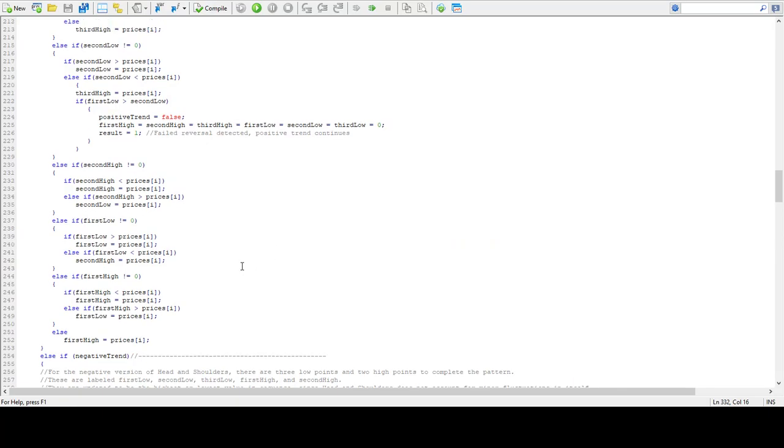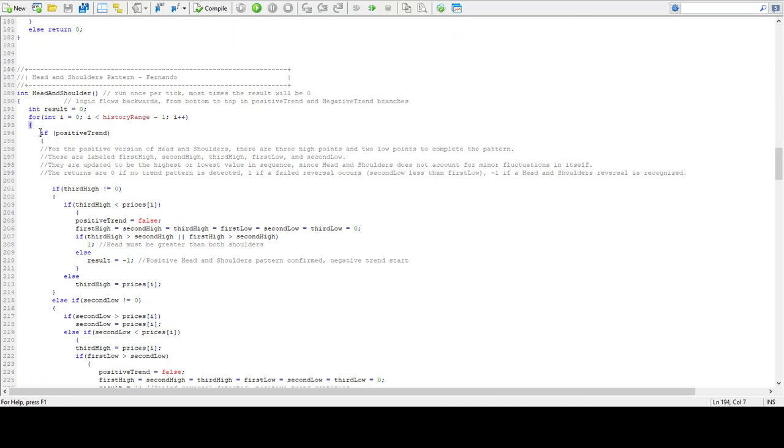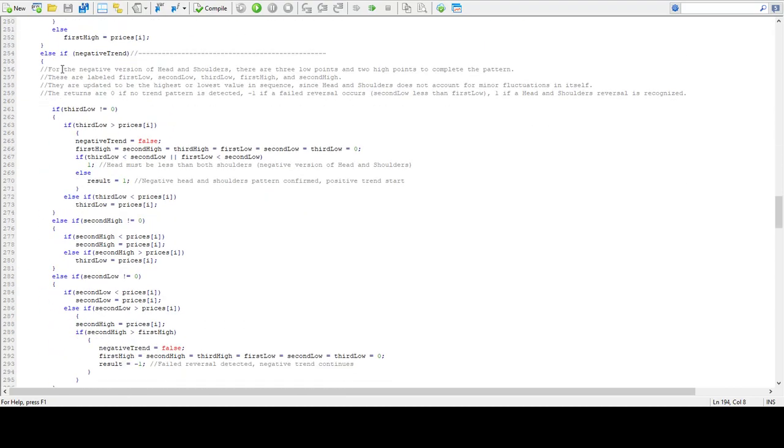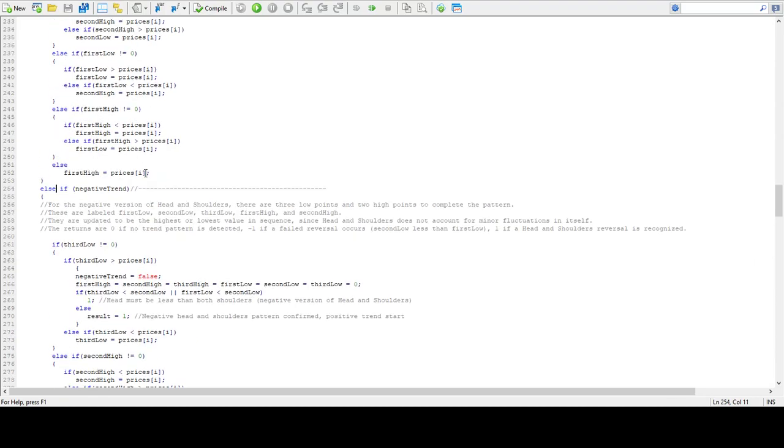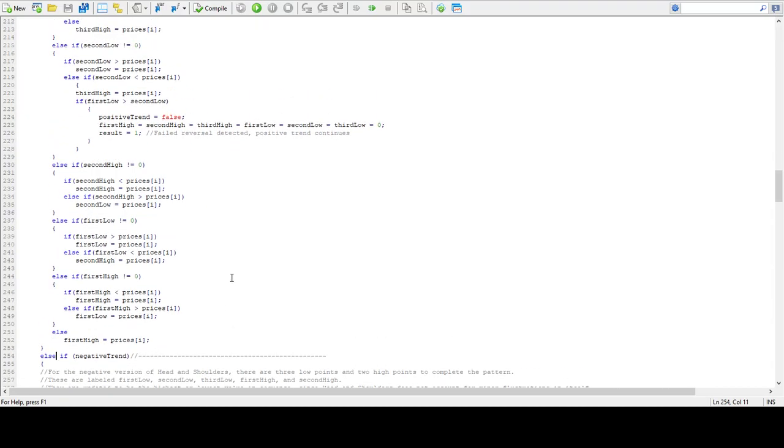Now it starts going into one of these branches. If a positive trend is detected, it goes here. If it's a negative trend, it goes in here. So let's start with positive trend, since it's easier to keep track of without an actual picture to look at.